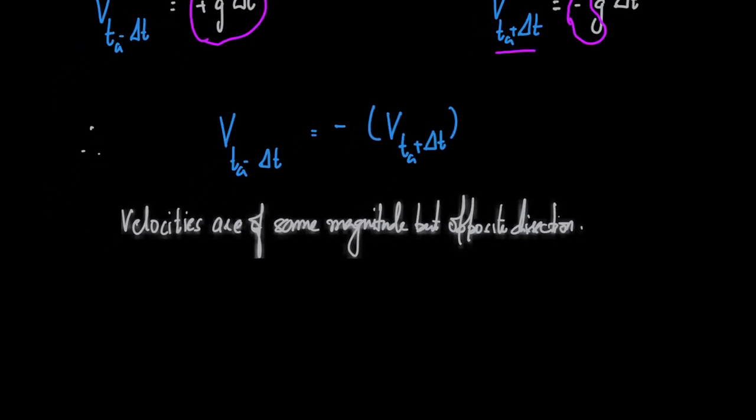The inference is V at TA minus delta T is equal to minus V at TA plus delta T. That is, velocities are of the same magnitude but in the opposite direction.